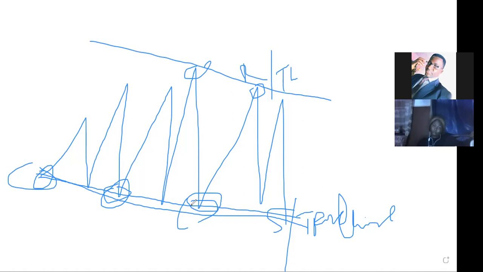Two things are always in place. If it's violated, you discard the setup. Don't force the market to go in a direction, or force the market to buy because you think there's supposed to be a support or a trend line. So that was the point.